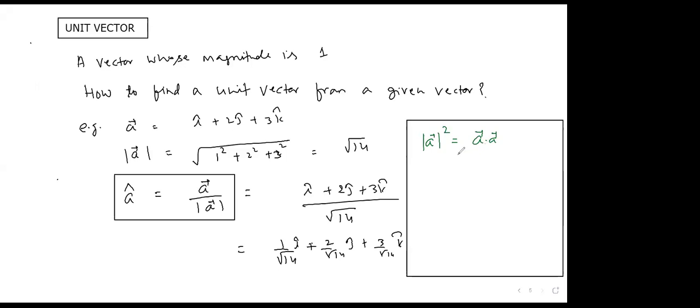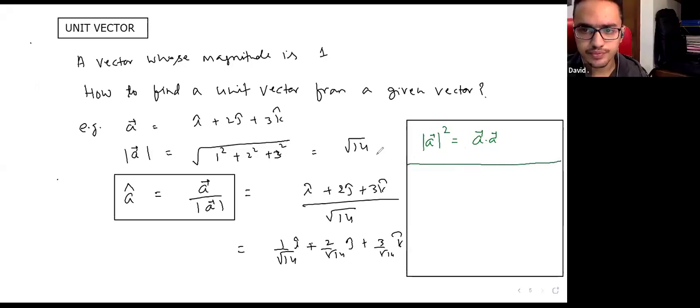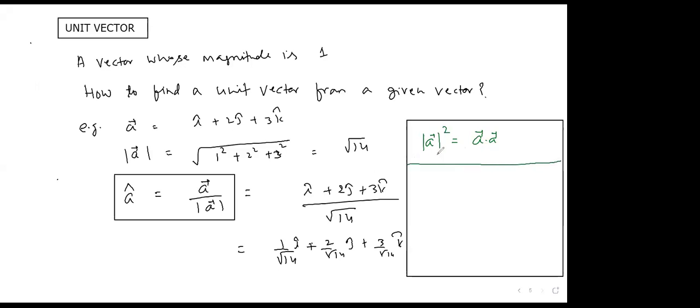We will study after some time. But since we were talking about magnitude, there is a property: magnitude of A square is A dot A. We will be studying this dot product later on in today's class only.